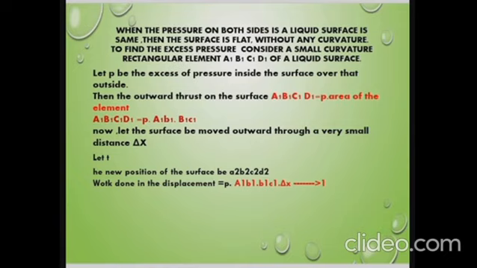Now let the surface be moved outward through a very small distance del x. Let the new position of the surface be A2 B2 C2 D2. Work done in the displacement equals P into A1B1 into B1C1 into del x. Equation number 1.